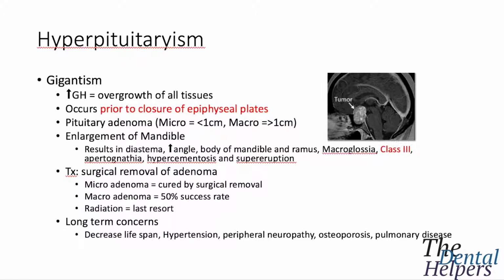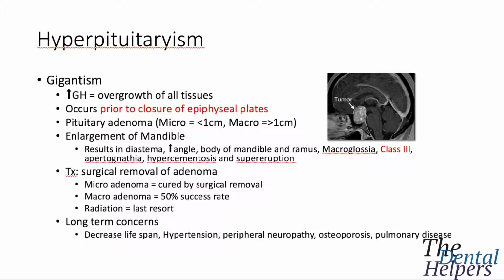So hyperpituitarism, you have basically two outcomes. One is gigantism, the other is acromegaly. If we look at gigantism, what that basically means is you're going to have increased growth hormone, and this is a result of it happening prior to the closure of the epiphyseal plates.